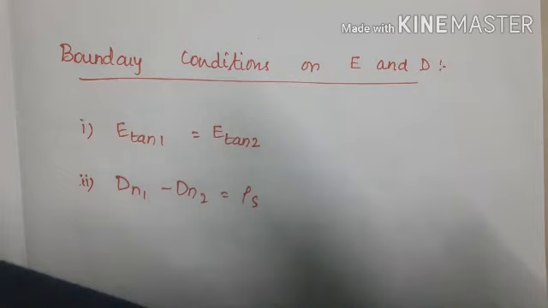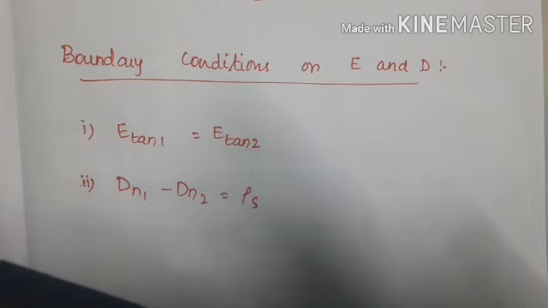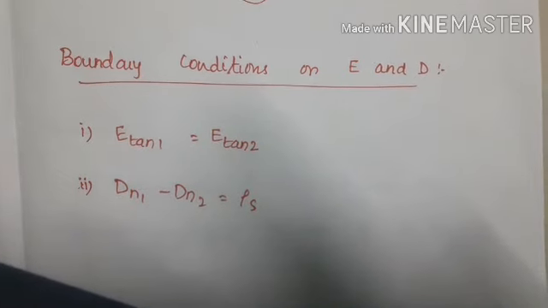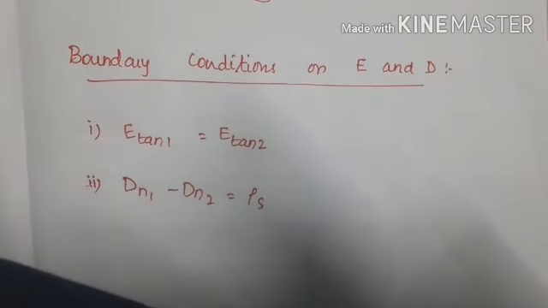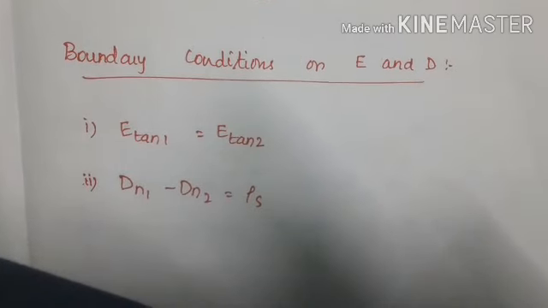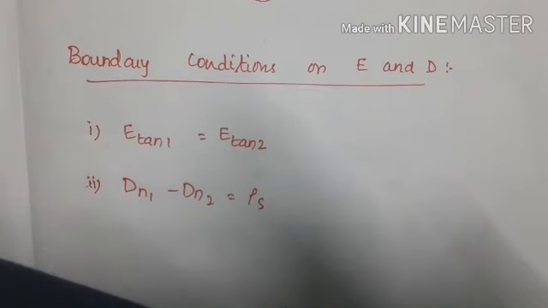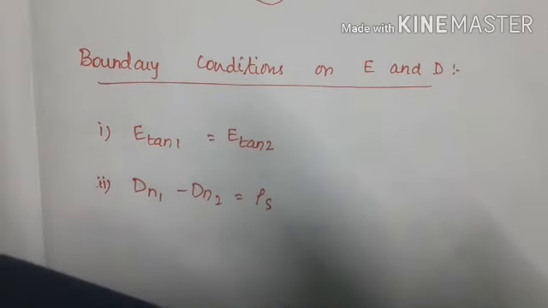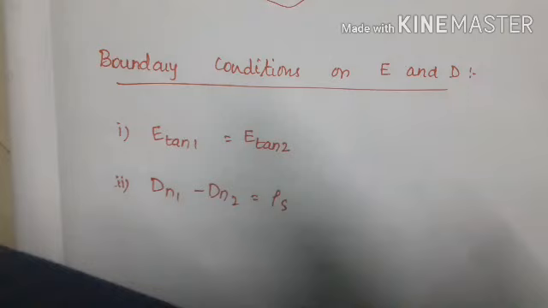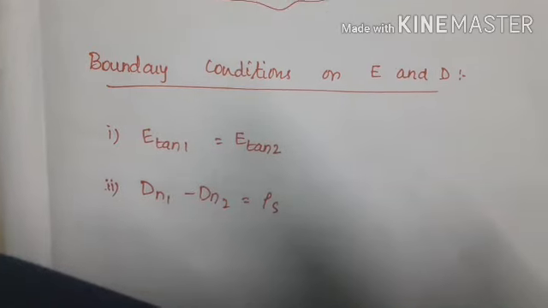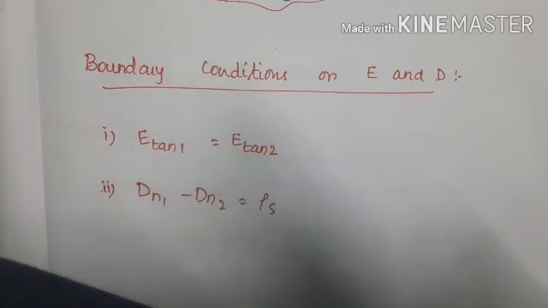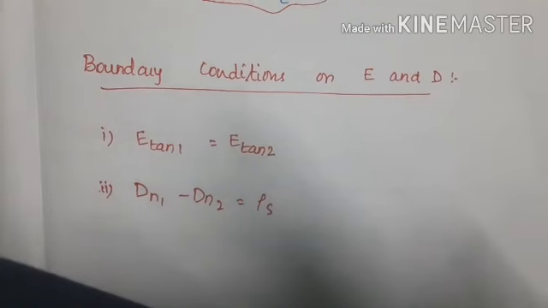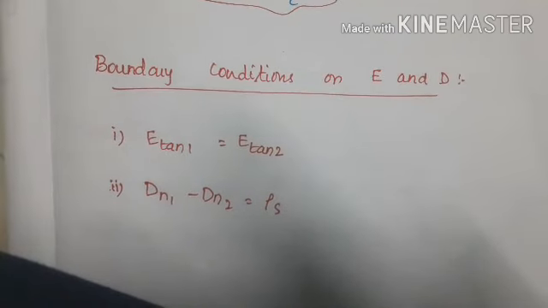Whereas if you ask what the condition for D is, rho s is the surface charge density. The normal component of D is continuous across any boundary, except at the surface of the conductor. Except at the conductor surface, the normal component is continuous at every other boundary. Normal is represented by the term n.